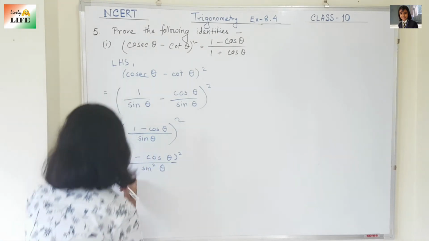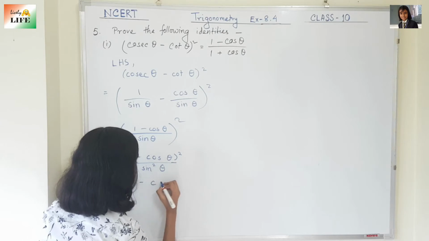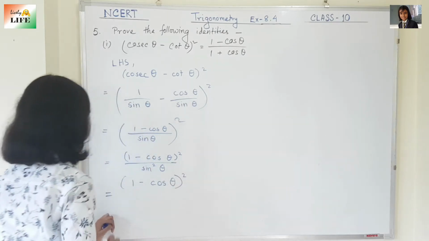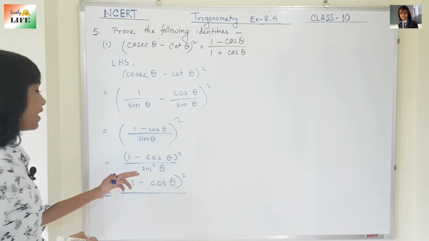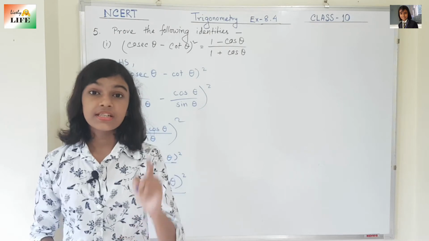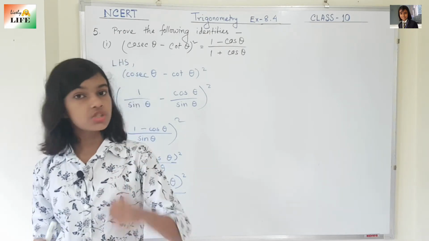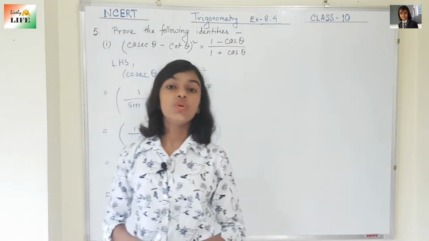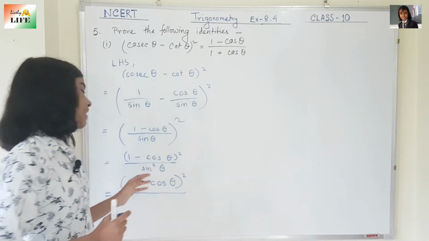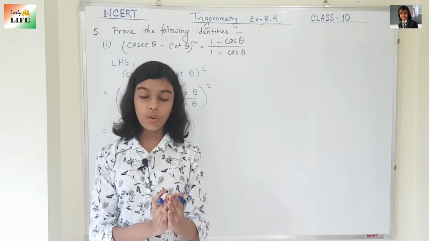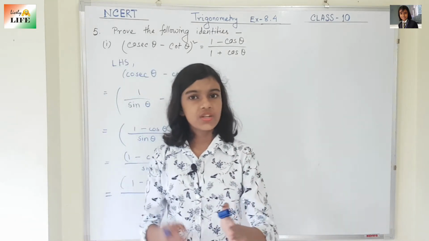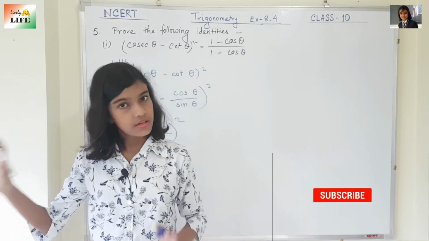Now over here the numerator will be 1 minus cos theta whole square only, and in the denominator, instead of sin square theta, what have we learned in the first identity? Sin square A plus cos square A is equal to 1, or sin square A is equal to 1 minus cos square A, right?